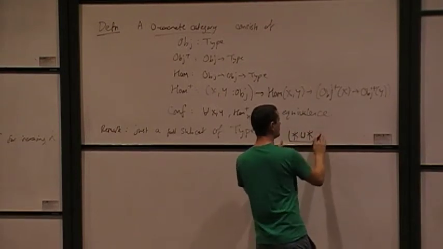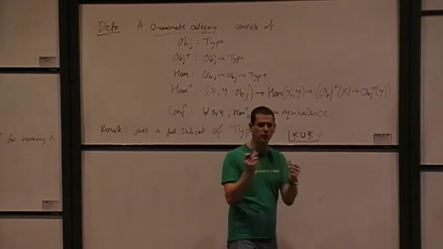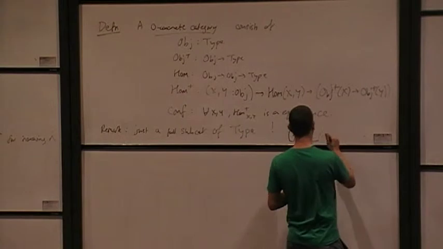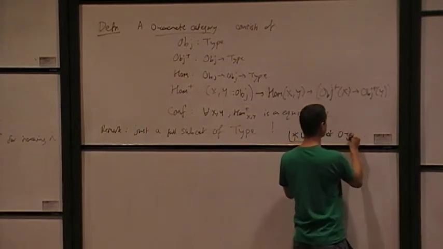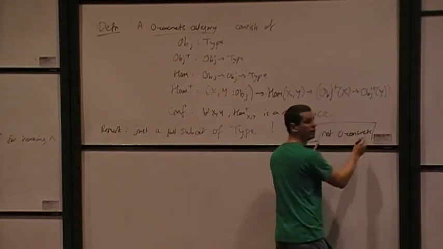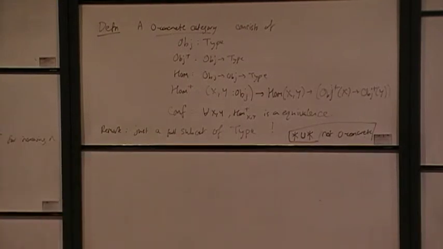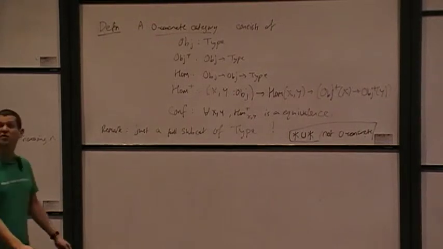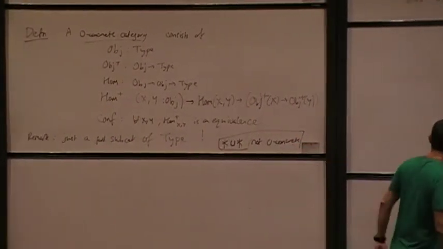The two-element discrete category, two objects, no morphisms between them, just identity morphisms on each, is not zero concrete. And you can prove that internally to the type theory. You give an internal argument why there's no zero concrete category that looks like that. It's sort of tough. But that's a limitation.